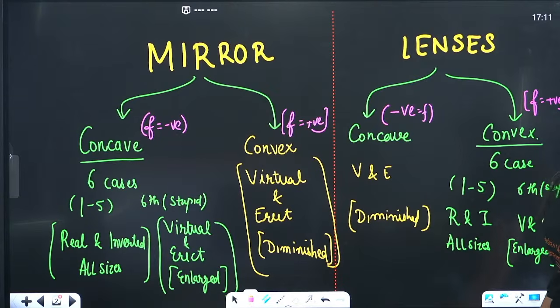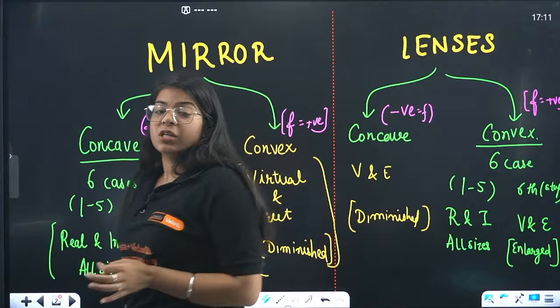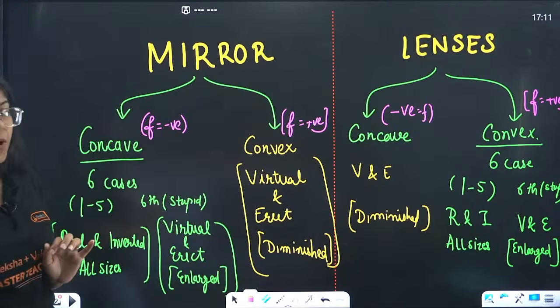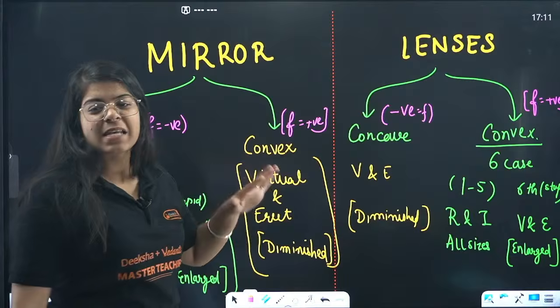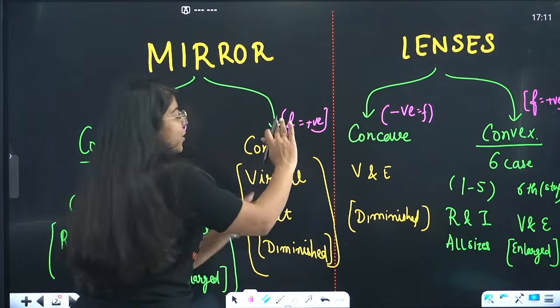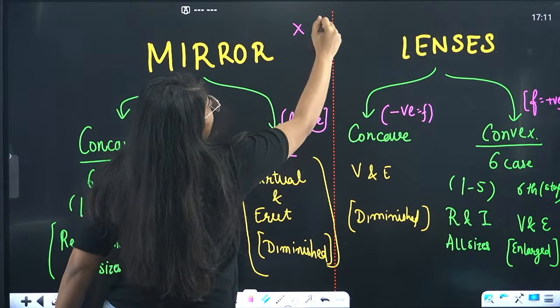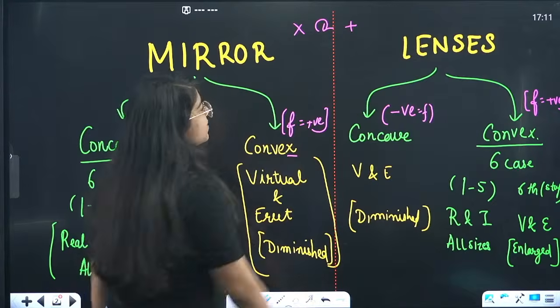Anywhere you see concave, the focal length is negative. Anywhere you see convex, the focal length is positive. How do I remember this? I have a very silly trick. This x, if you rotate it, it will be a plus sign, right? Correct.